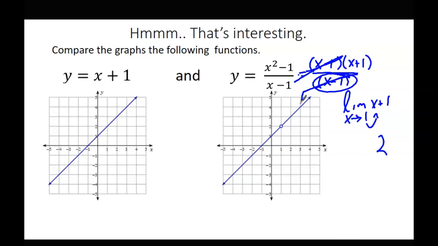So we call that a removable discontinuity. Okay? Now, that's fact number 2. So fact number 1 is a hole has a limit. Fact number 2, functions that have holes have removable discontinuities. Okay? So that's what I want you guys to grasp from that.